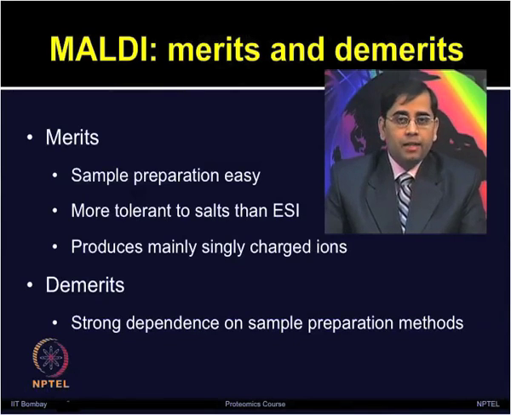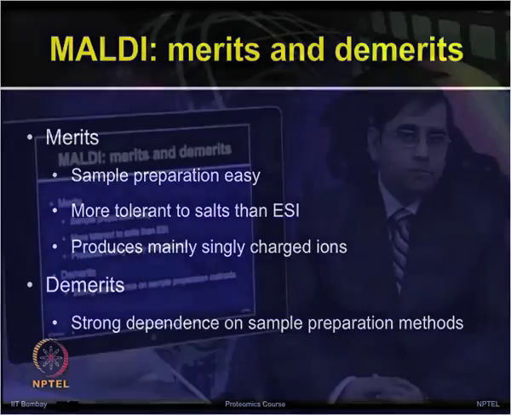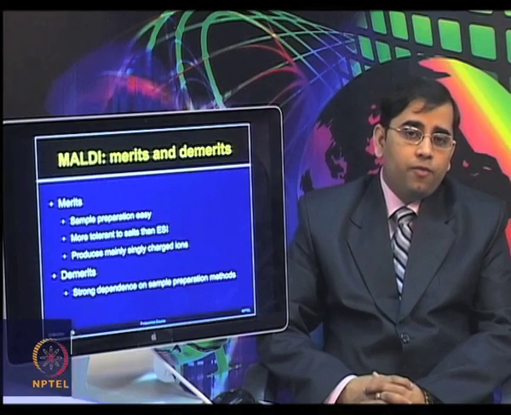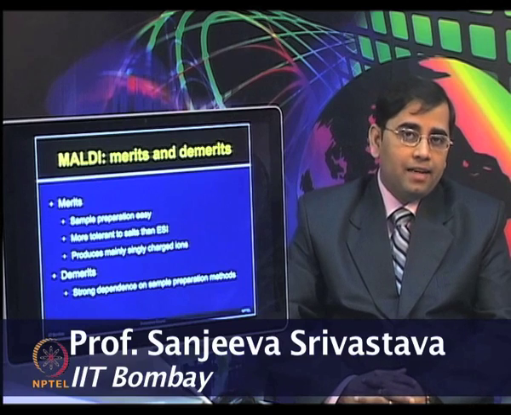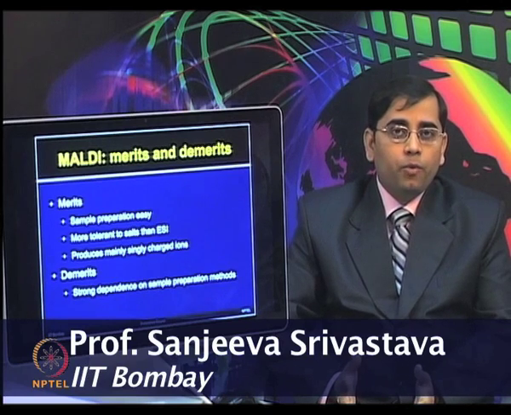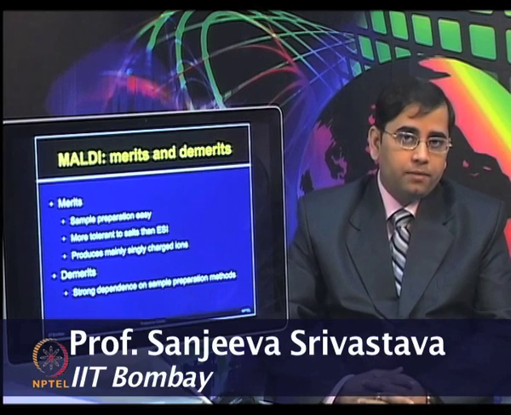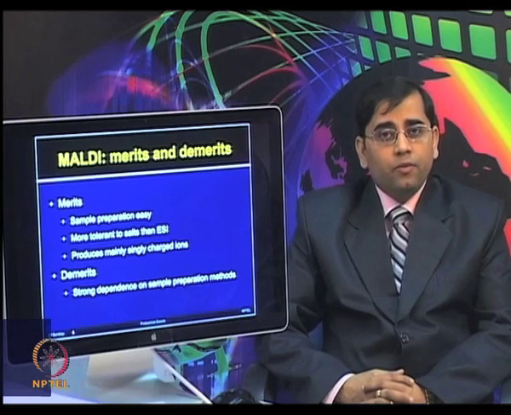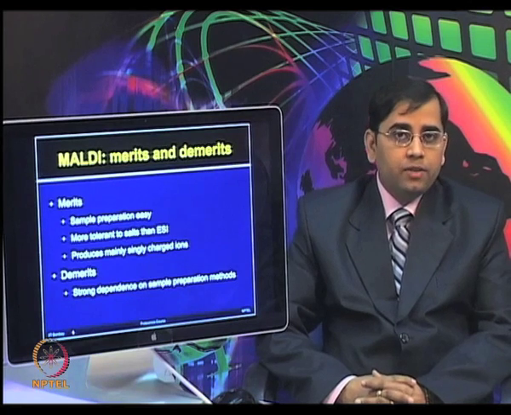Most analytes can accept a single proton. The singly charged character can result in some molecules having large mass to charge values. Therefore, MALDI is typically integrated with TOF mass analyzers, which can provide the m/z range for large ions as well. Now, these are various merits of using MALDI. Obviously, it has to be connected with the TOF.